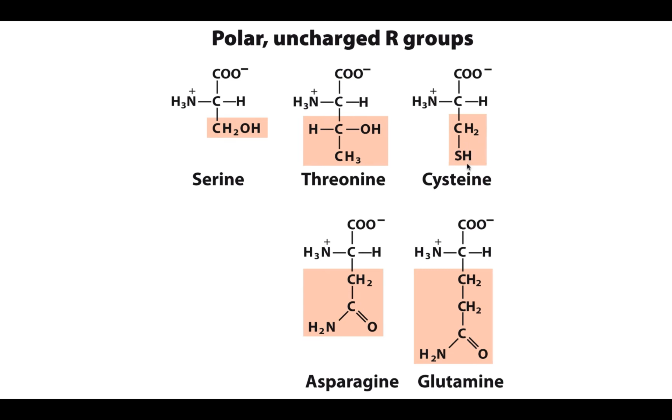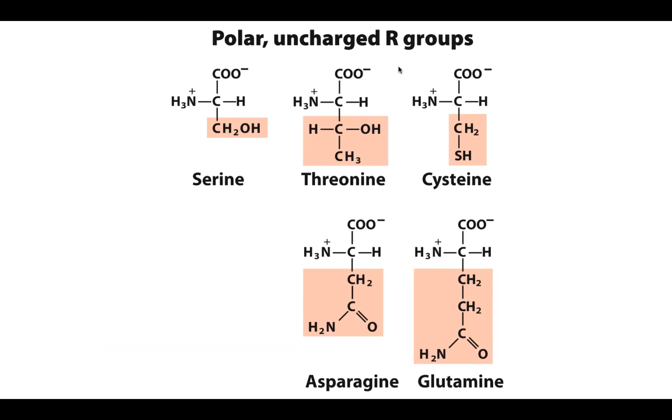It can donate that proton. Same thing with this serine here. The difference is that under physiological pH, it really doesn't happen. You've got to change the pH beyond physiological pH to get this hydroxyl group or this sulfhydryl group to deprotonate.